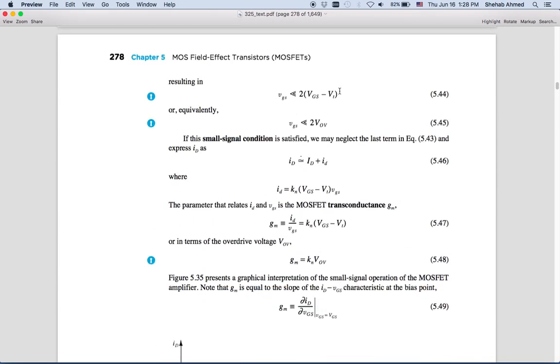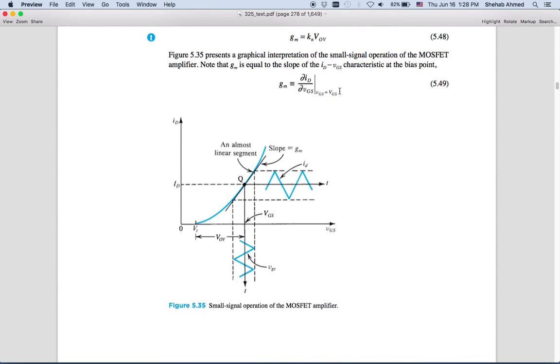At some point in this plot I have my DC operating point, and the tangent at the DC operating point has a slope that is equal to my transconductance.